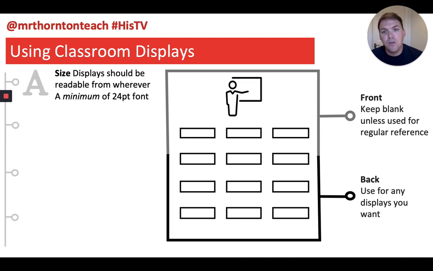So Oliver Caviglioli, in his wonderful book, Dual Coding for Teachers, said that a minimum of 24 point size font should be used, so students anywhere in the classroom can read it. So if you want to show a worked example of excellent work, it needs to be big so students can read it.